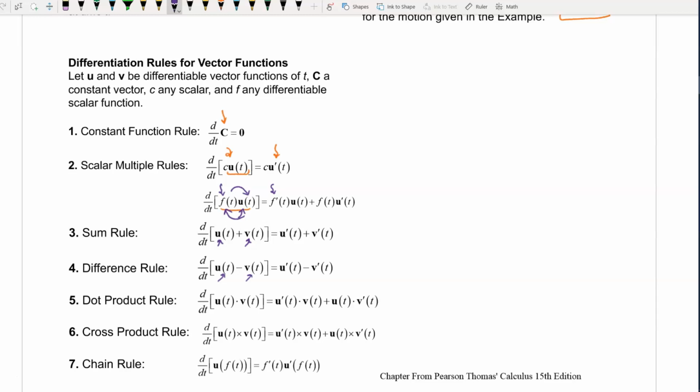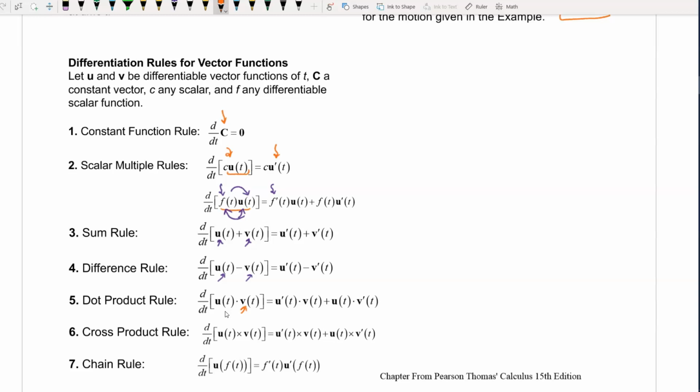Dot product rule, derivative of u of t dot v of t with respect to t, it is equal to finding the derivative of the first one, multiply the second function, plus u of t times the first derivative of the second function. So here we have u prime t dot v of t plus u of t dot v prime t.